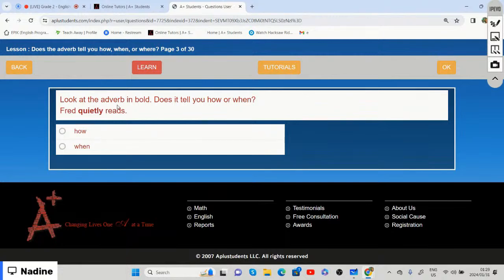So now we need to look at the adverb in bold. Does it tell you how or does it tell you when? Fred quietly reads. Does it tell us how he reads or when he reads? Fred quietly reads.